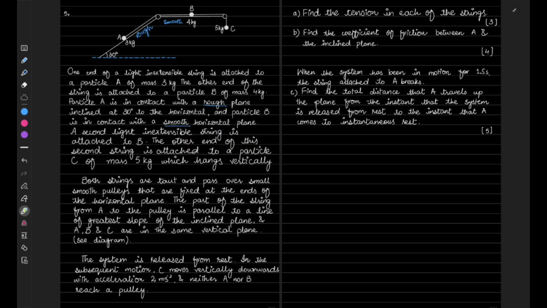The system is released from rest. Now, this is also an important thing. When it is released from rest, initially the velocities were 0. In the subsequent motion, C moves vertically downwards with acceleration 2 meters per second squared. Now, one more thing to represent is that this is going to move vertically downward with acceleration 2 meters per second squared.